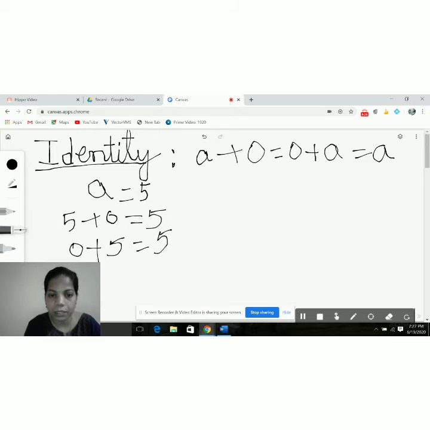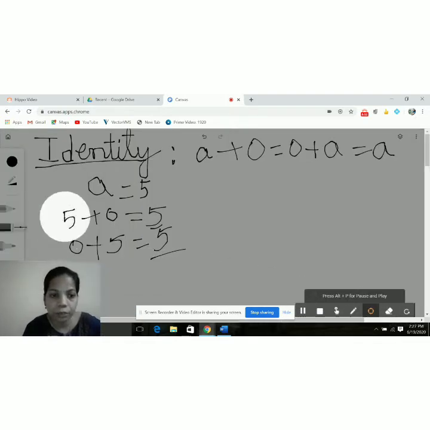Right? So 5 is a. The value of a is 5. So if I do a plus 0 or 0 plus a, I got a only. So here we have proved the identity property.